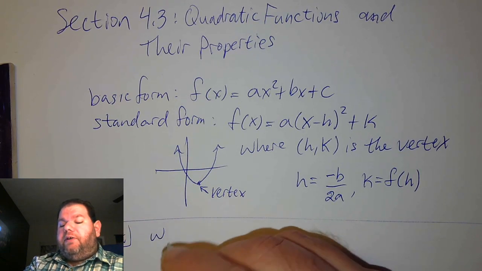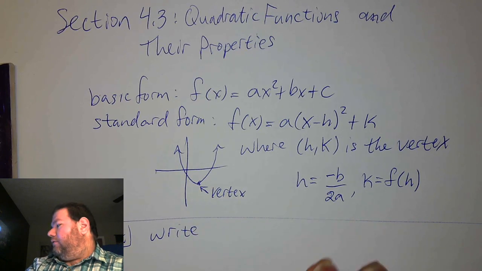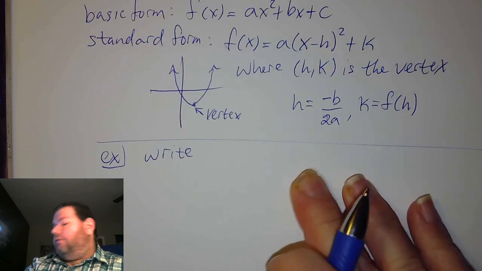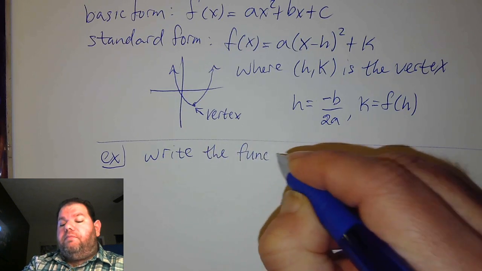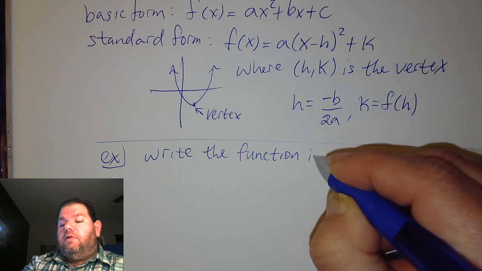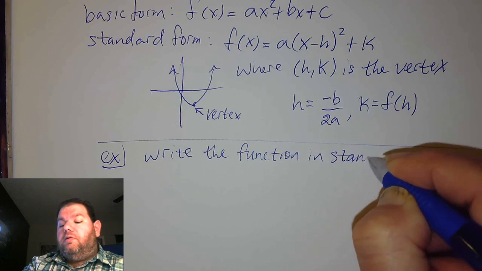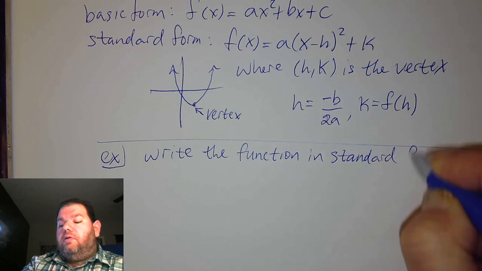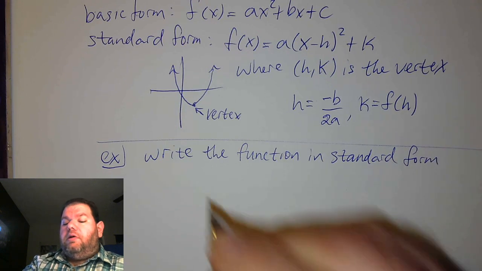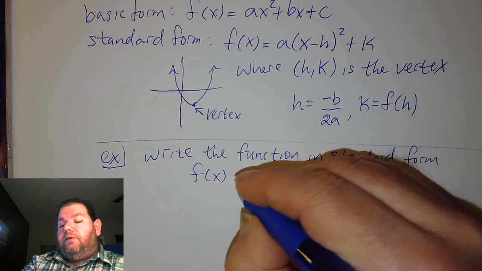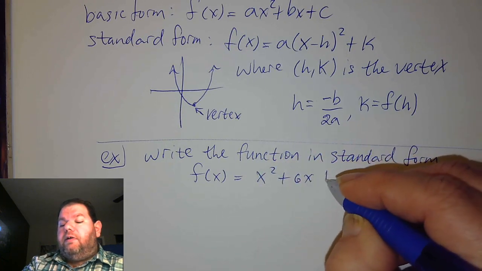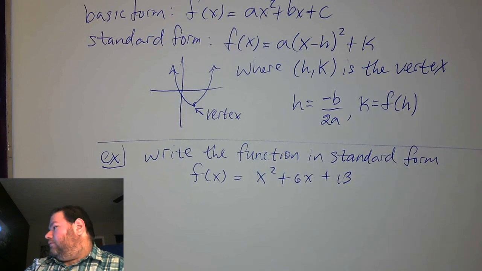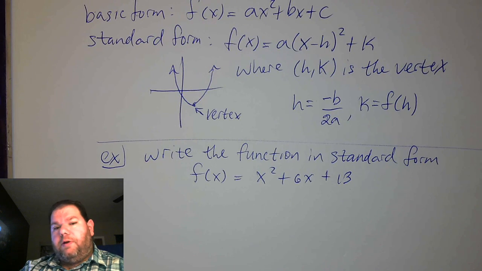So we might say, for example, we want to write the function in standard form. And we're given f of x is equal to x squared plus 6x plus 13.